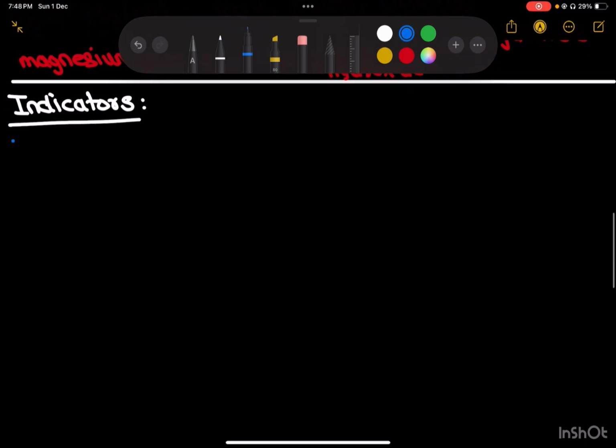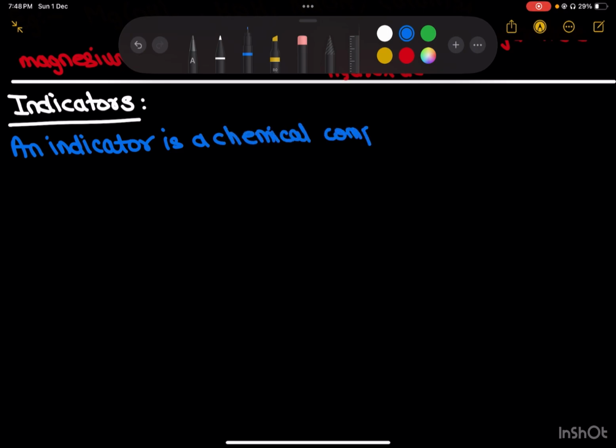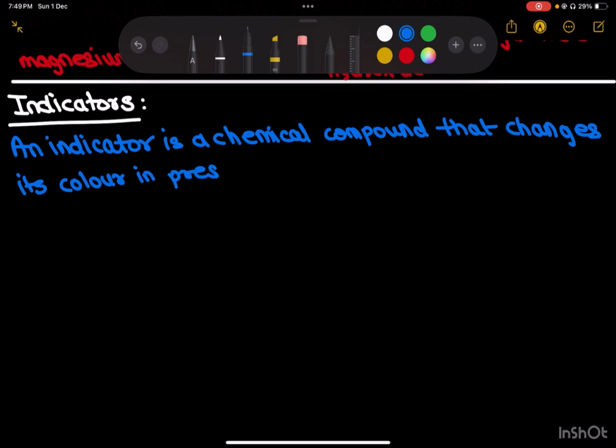You can write: an indicator is a chemical compound, or you can write a substance, whichever is suitable, that changes its color in the presence of an acid or a base. This is the formal definition. It is very easy to understand, right? Indicators. Correct.